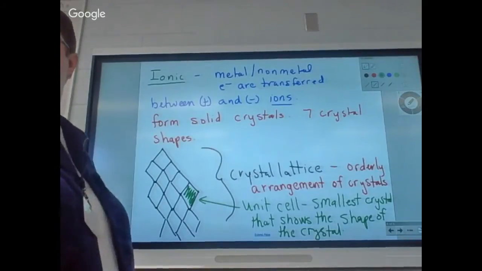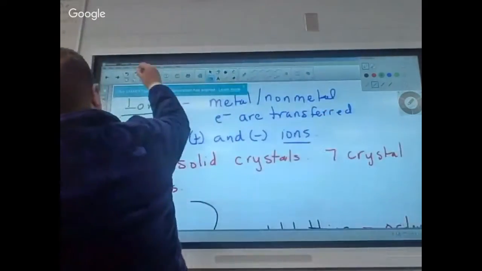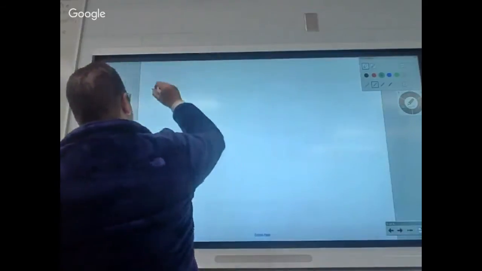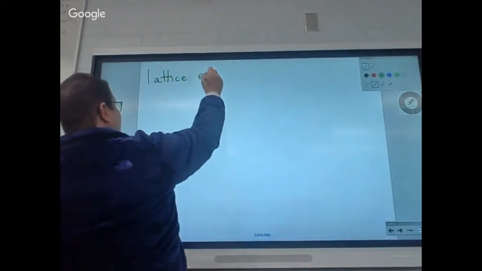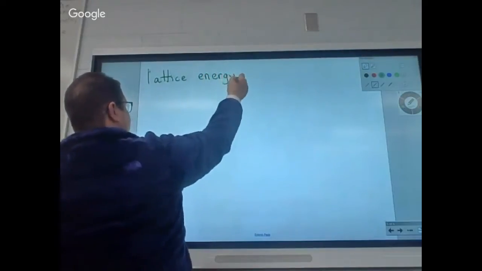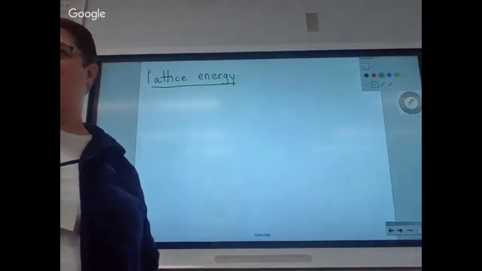Everybody got it? All right, so a crystal lattice has lattice energy. All crystal lattices have what's called lattice energy.